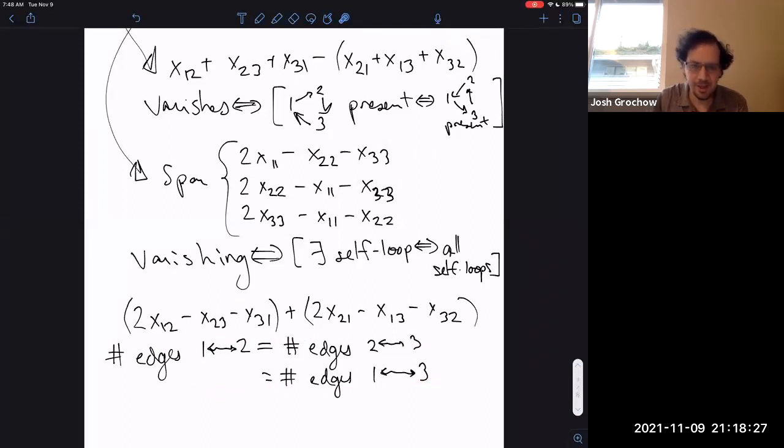Also note this condition has a very similar feel to this condition. And I claim that feel is made precise by the fact that these two modules are abstractly isomorphic as G modules.